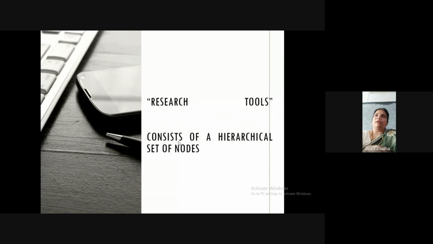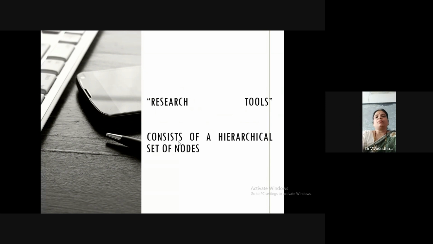Apart from these, there are a few more nodes, points in the research, where it is very important for the researcher to take a call whether to adopt certain tools or not, because there are tools which can help you make your work smooth. So these are the nodes we are going to discuss where research tools play a prominent role.